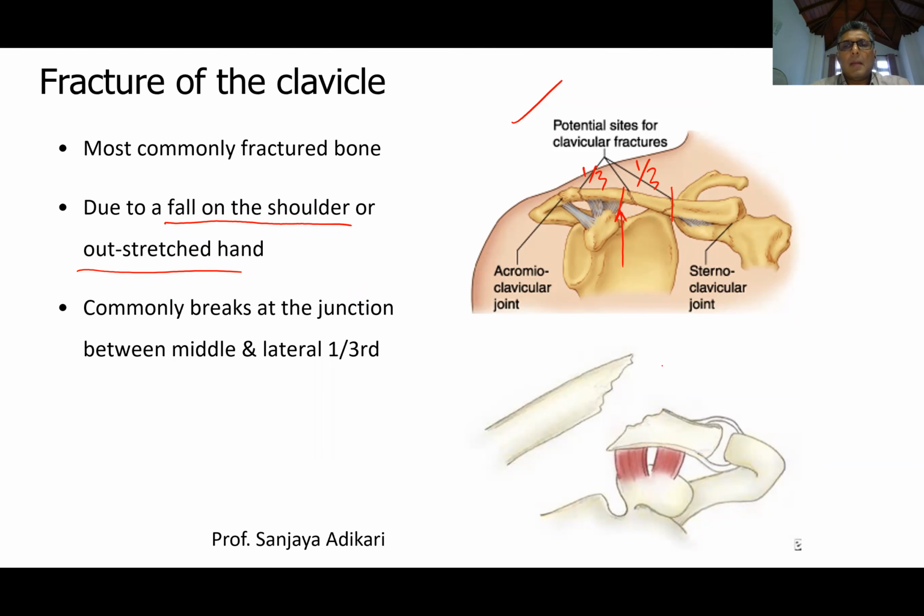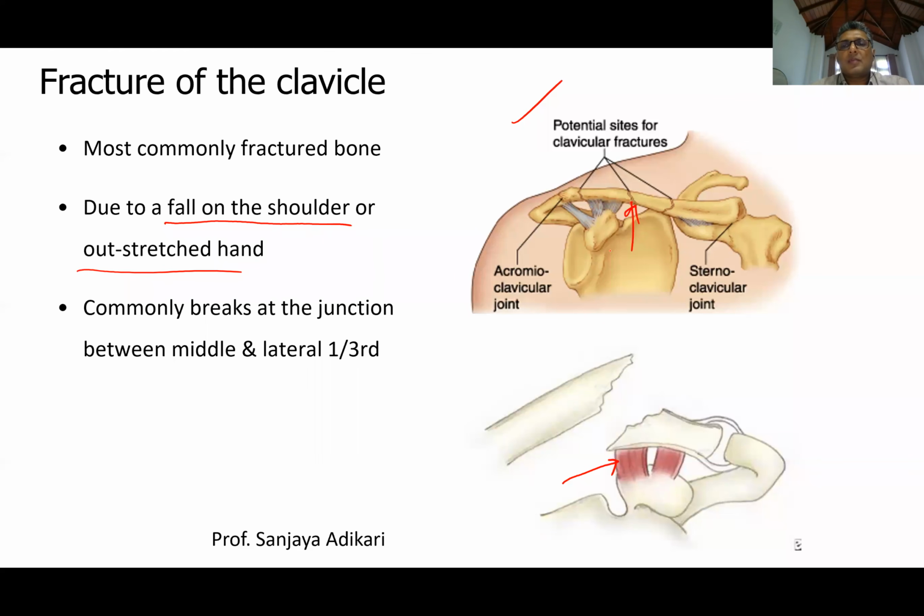It is usually medial to the attachment of the coracoclavicular ligament. The reason is that if you compare the strength of the ligament and the bone, the ligament is stronger than the bone at that point. So that happens to be the weakest part of the clavicle as well.